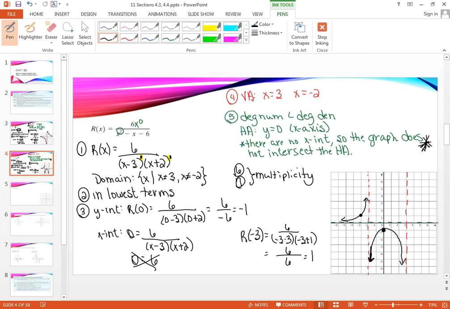Do the same thing over on the other side. It's running down beside the vertical asymptote at 3. If its multiplicity is odd, if it's running down on one side, it must run up on the other. Do the same thing if you want. Plot a point just to figure out how tight it goes in that little corner. Maybe check 4.